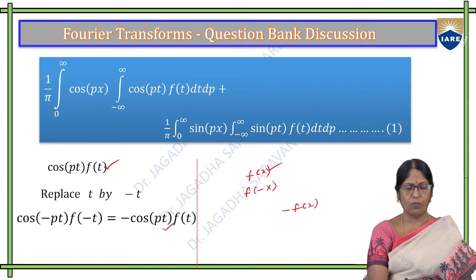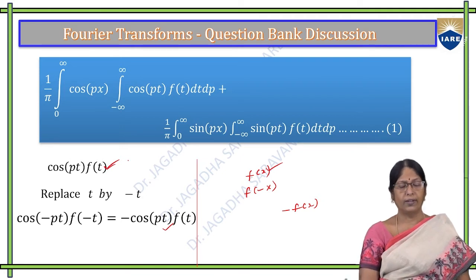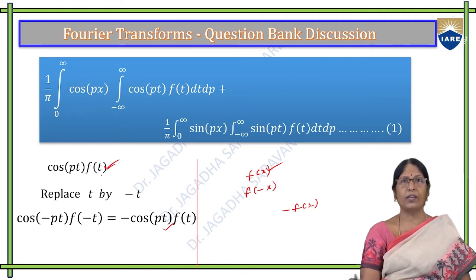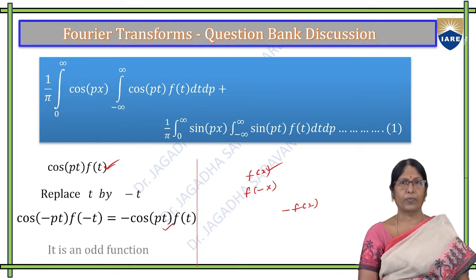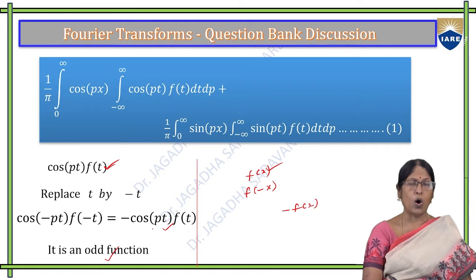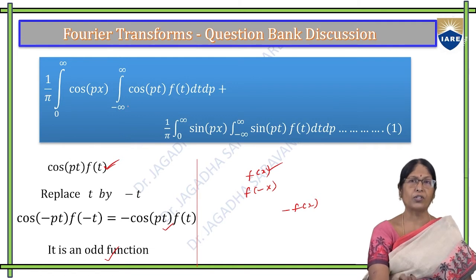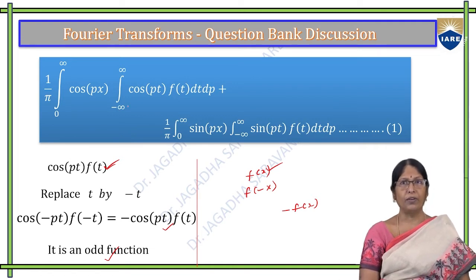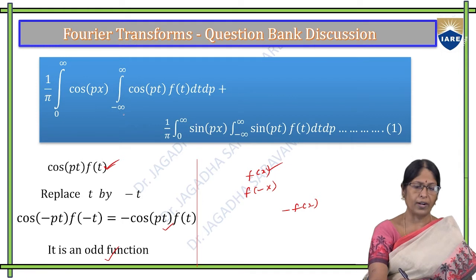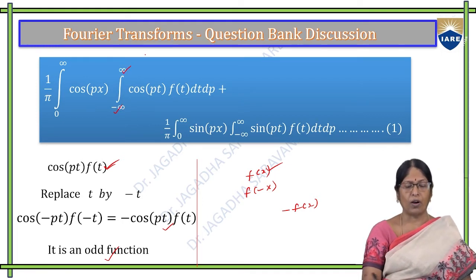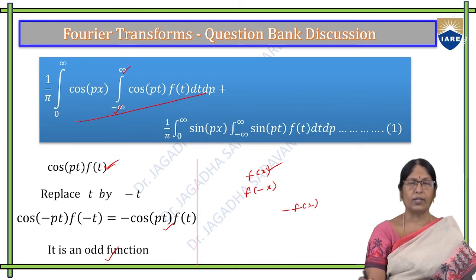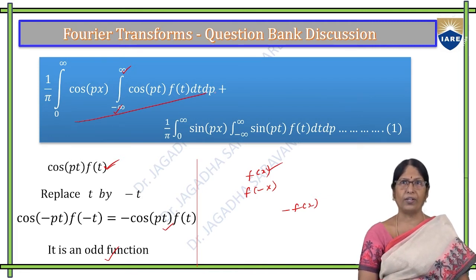Here also we notice the same: cos(pt) into f(t) comes with the negative sign, so it is an odd function. If it is an odd function, what is the rule? The integral vanishes completely if it lies between minus infinity and infinity. So according to that, this whole term vanishes.